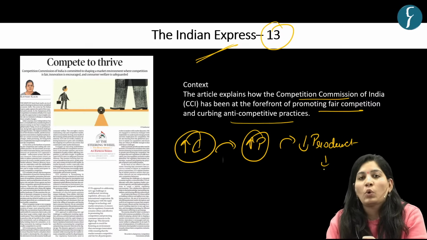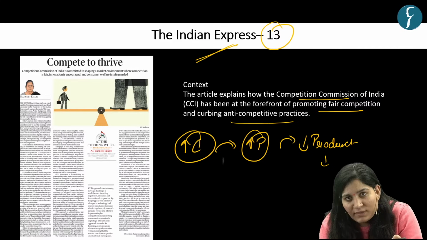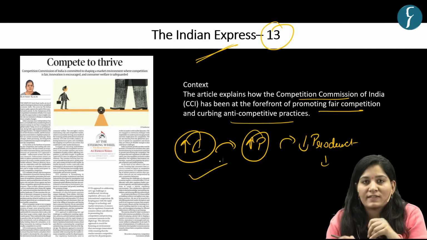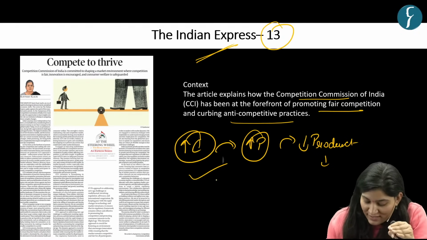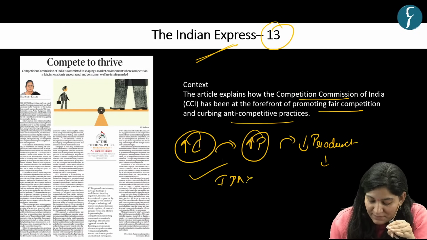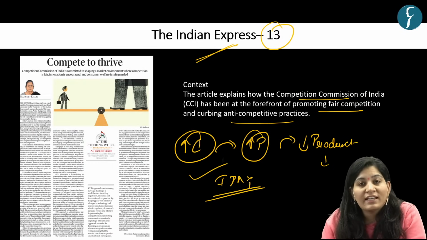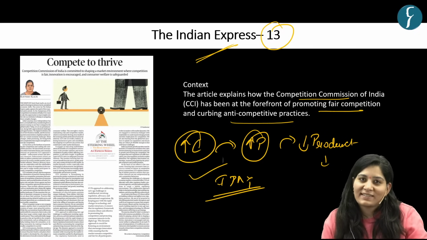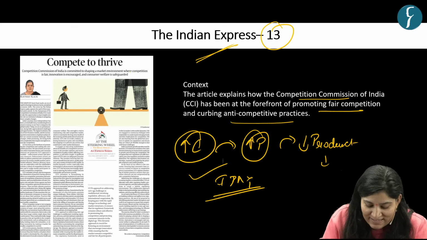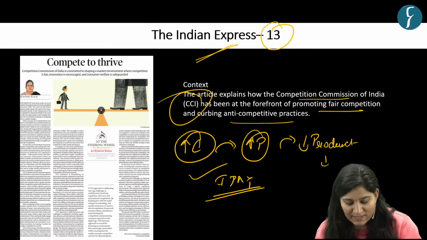This will give a wider range of products or options to consumers. So to ensure this, you need a fair price mechanism. And this will give a level playing field to producers. And to monitor this, you need CCI.